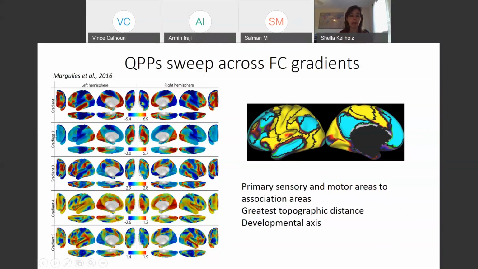And so the first functional connectivity gradient looks exactly like a particular phase of the first QPP. And if you look at the dynamics of the QPP, it actually sweeps across the first functional connectivity gradient. And the same goes for the second and third. After that, things get a little bit less clear, partly because the QPPs tend to be so noisy.